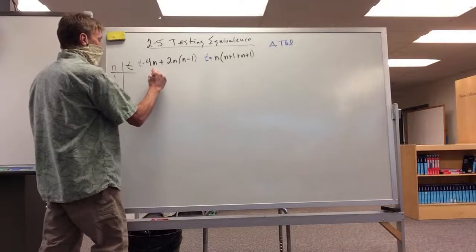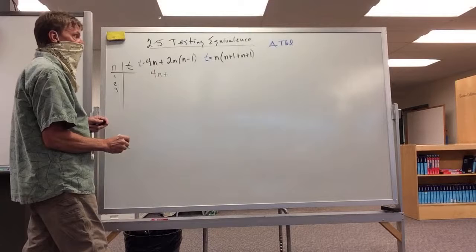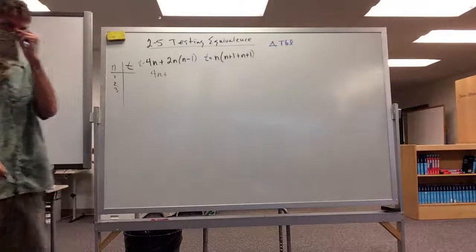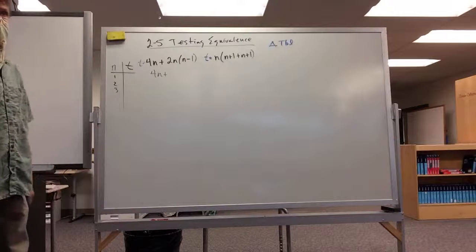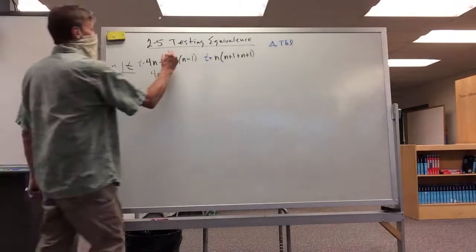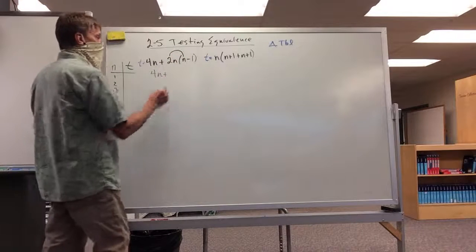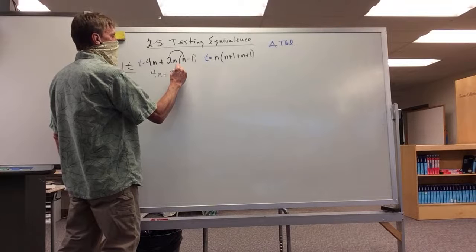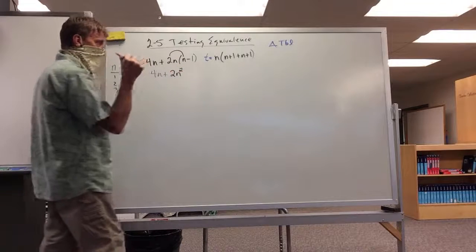We begin with 4n plus, now what? Rewrite it. 2n multiplied by, and that equals 2n squared.